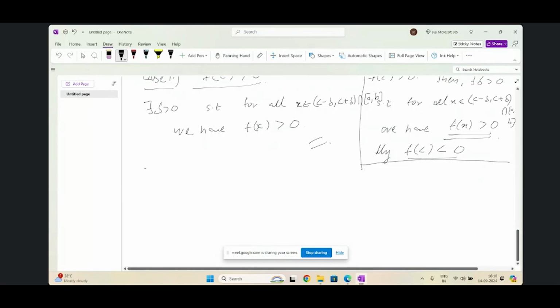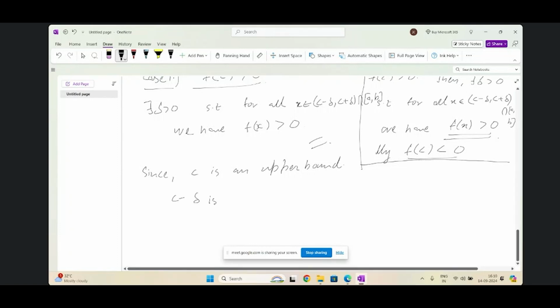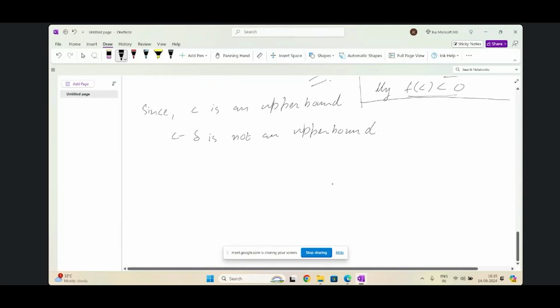So now we know that c is an upper bound, as we said by the LUB property. It is the least upper bound, so we can also say c is an upper bound. So what can I say? I can say c minus delta is not an upper bound. Now, what does it mean to say that a number is not an upper bound for a set?